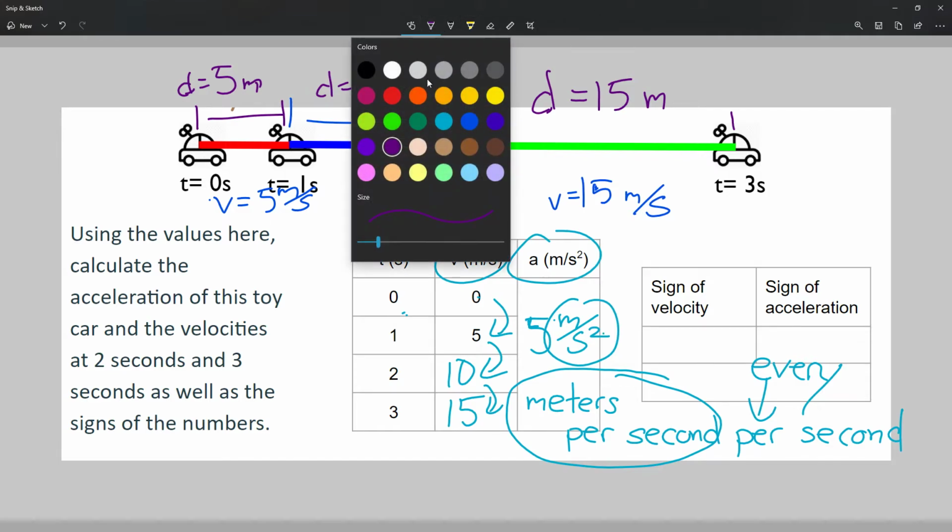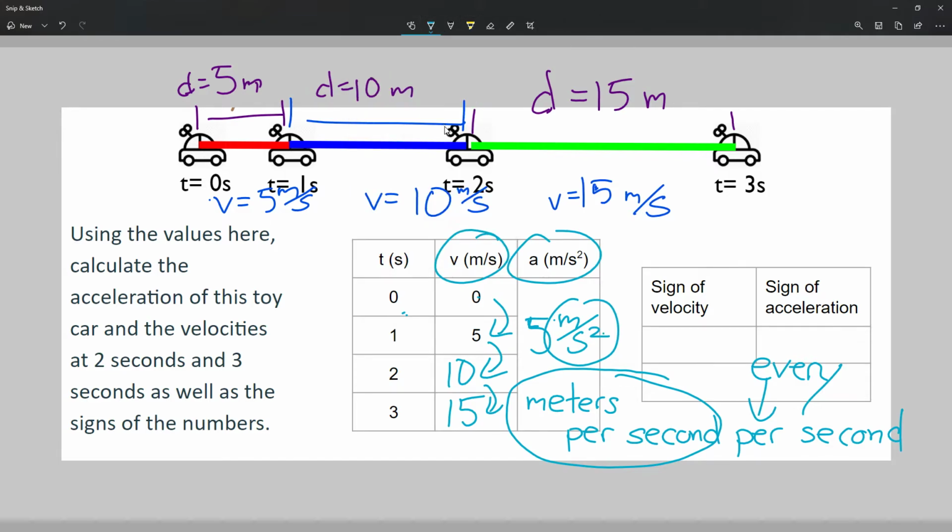Well, let's take a look at A. Well, how does A fit on all of this? Well, A is how much your velocity changes each second, right? So my velocity changes by 5 meters per second squared each second. And the same thing over here. 5 meters per second every second.